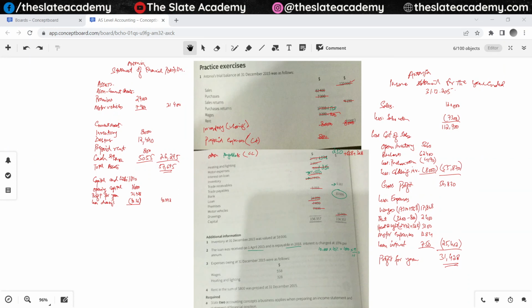Acha. Then I have non-current liabilities. The first one would be loan, the first and only one. That would be 10,000.